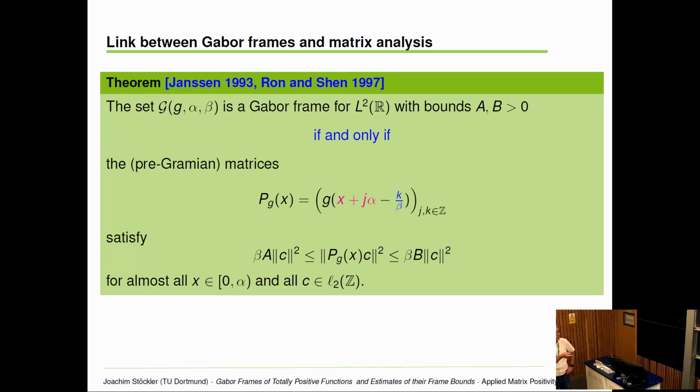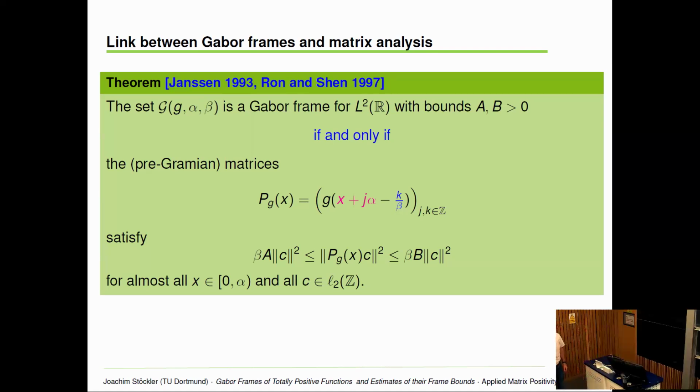I give it an index g in order to distinguish between different windows. So P_g(x) has entries g(x + j alpha - k beta), and I put j alpha in magenta in order to have an association with row indices, and I put k beta in blue in order to have an association with column indices.